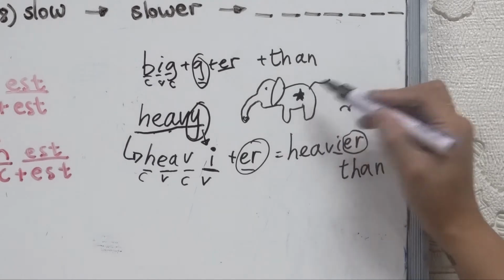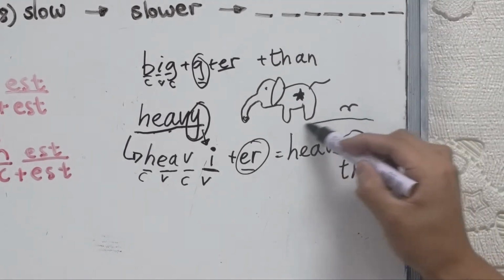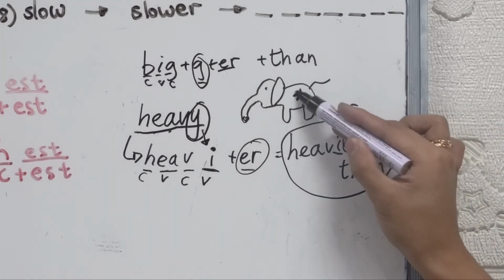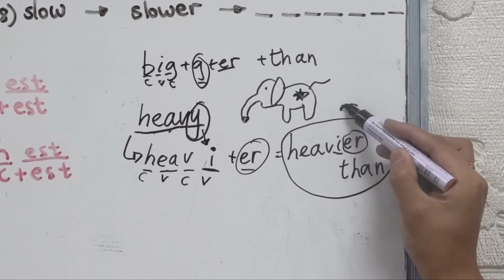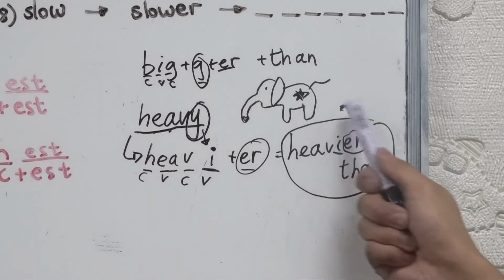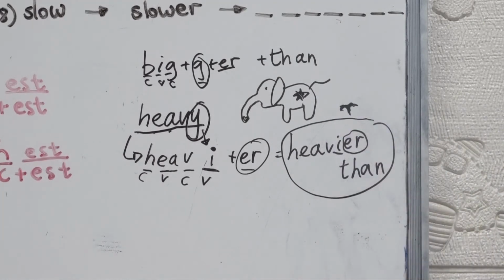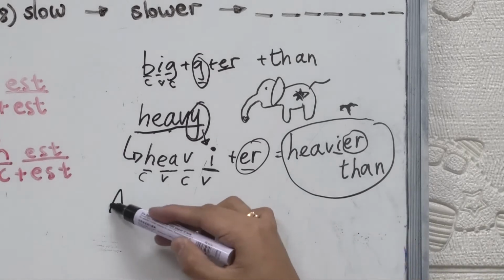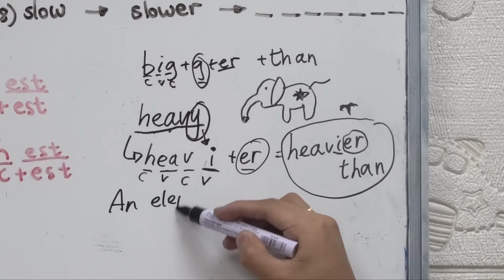So we have to use the words heavier than. How do we write that sentence with the elephant and the bird? If we know the bird is light and the elephant is heavy, how do we make the sentence with heavier than? An elephant heavier than bird. Okay, almost correct. So we say an elephant.